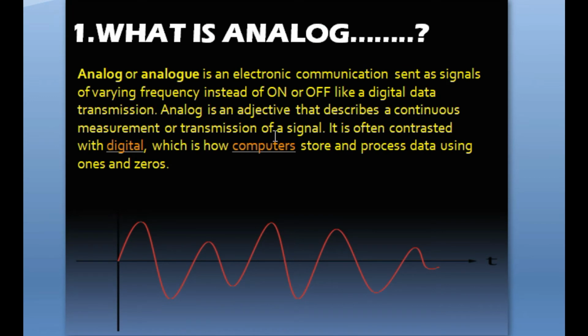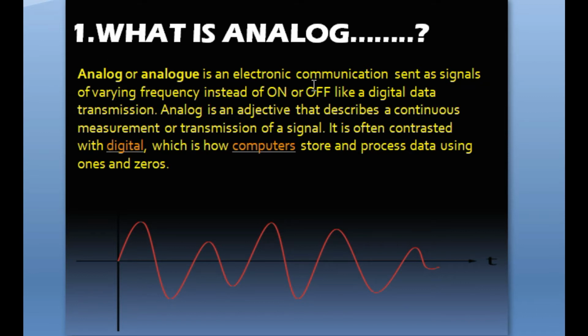What is analog? Analog is a signal that varies from time to time. It is changing every second, every nanosecond, in any kind of device signal. It's called analog. So friends, let's go to the definition.